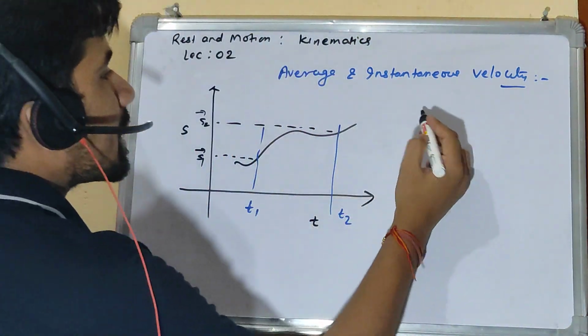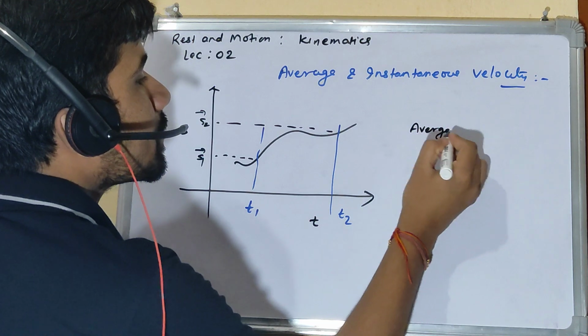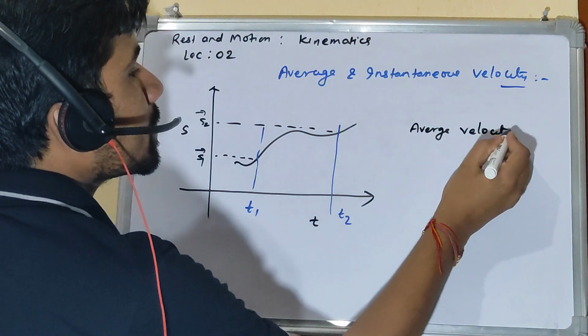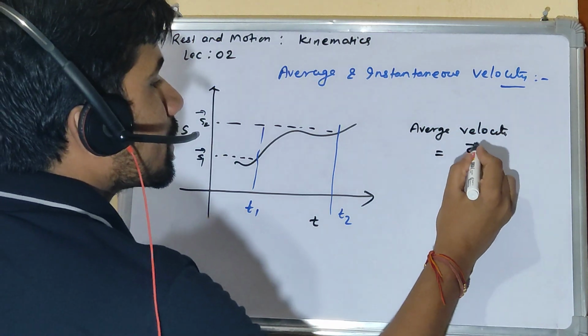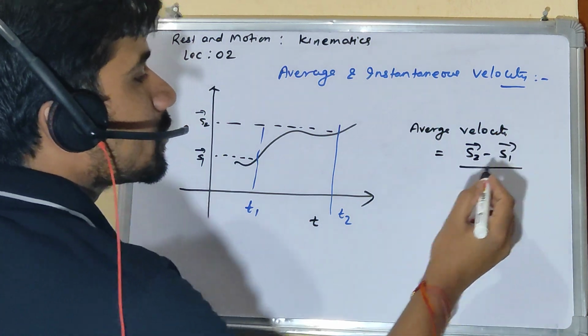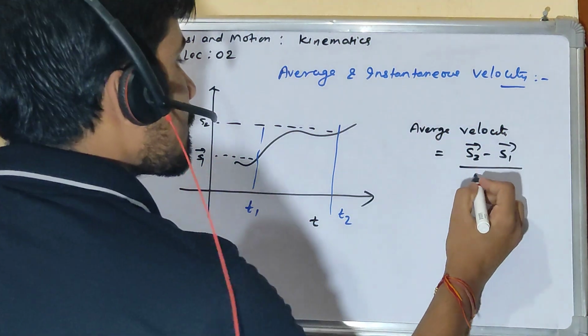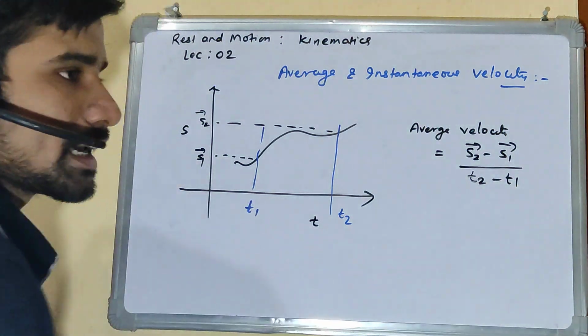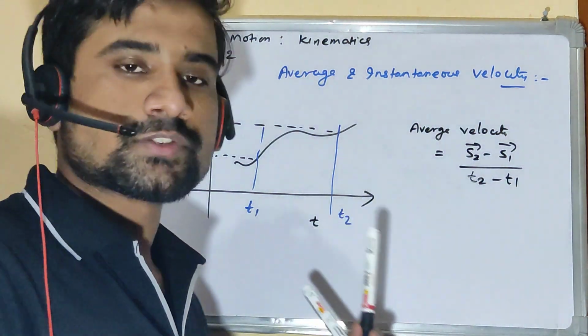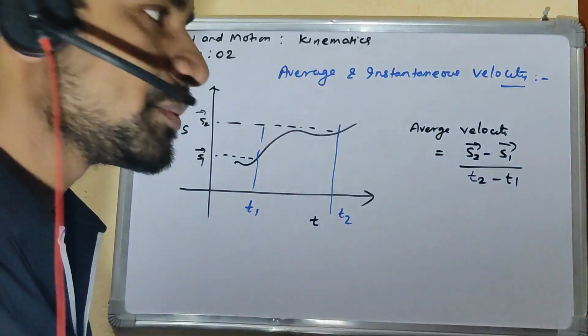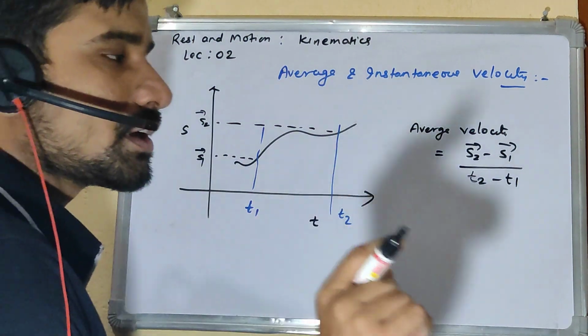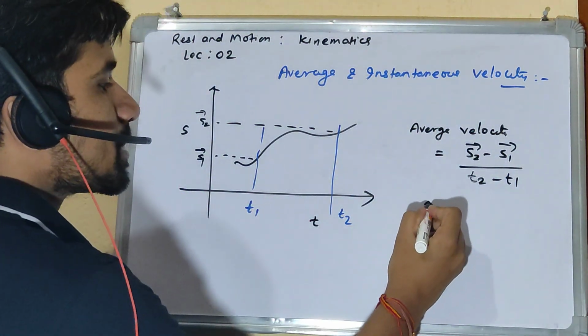Let me call this the vector form for now, because displacement is a vector quantity. And if I need to calculate this average velocity, it will be nothing but the change in this position vector with respect to change in time, right? If I want to represent this vectorially, I can also represent it like this.